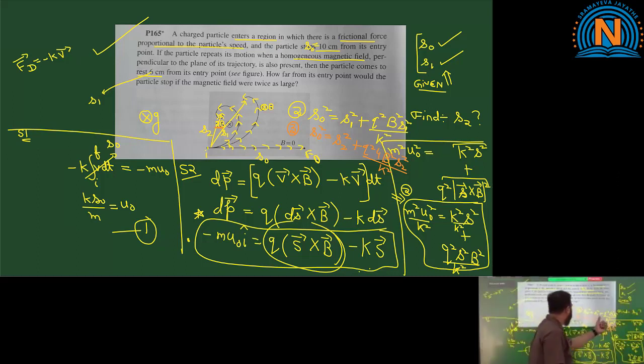Now you understand, because q, b, and k are not given, so you have to appropriately arrange. So I'm writing my final answer. What I will do, I will take S0 and S1 on one side.